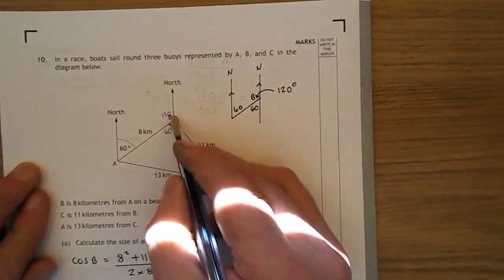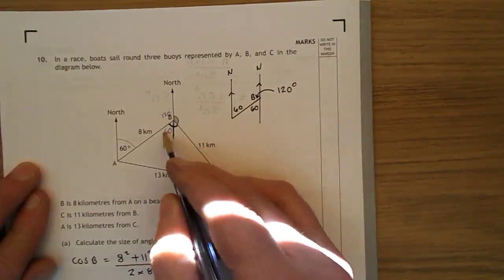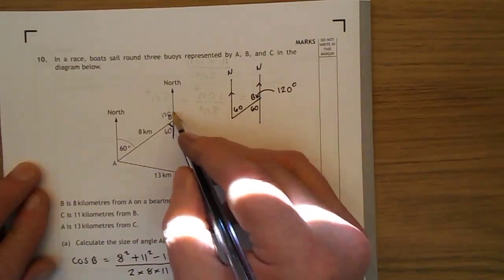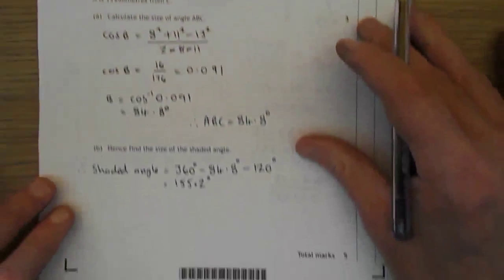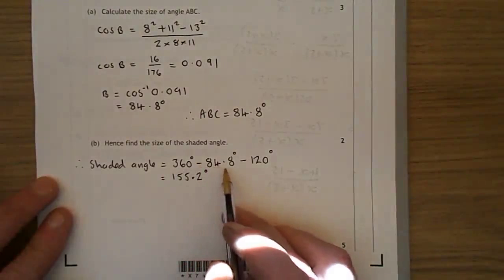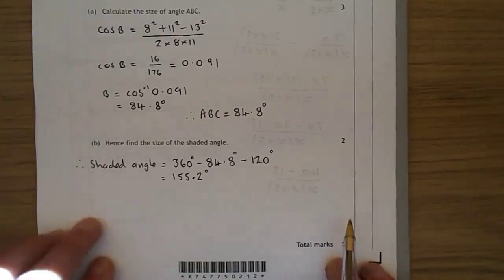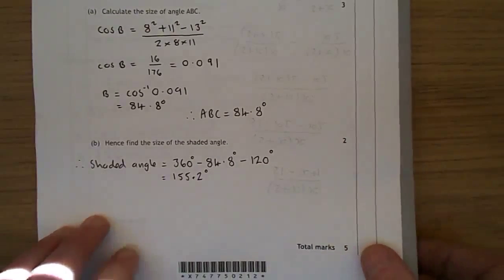Now that we've got that to be 120, we know that that's 84.8. We can now get that one there. So the shaded angle is 360, take away 84.8, take away the 120 we got a second ago, and that's 155.2 degrees.